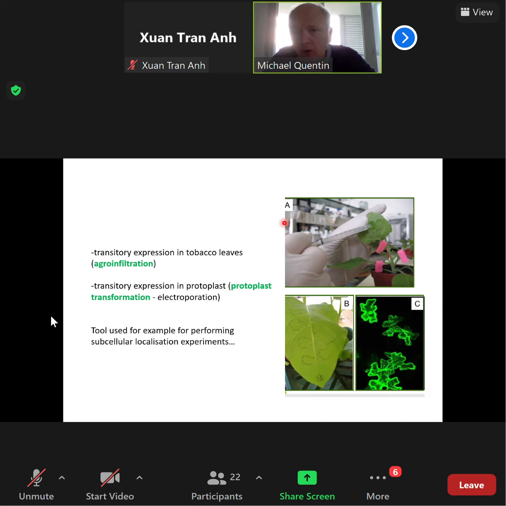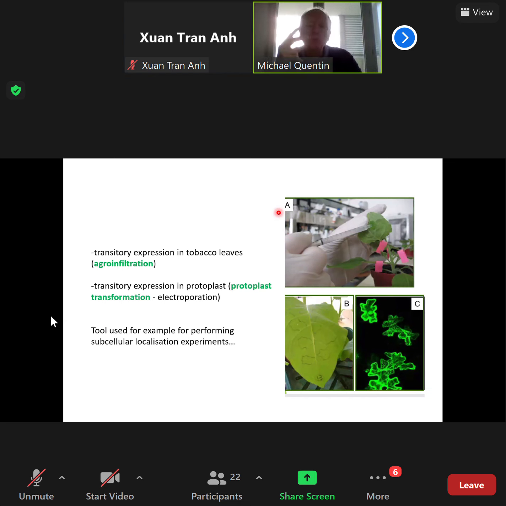It's not meant to produce, I would say, transgenic crops. It's more a tool that will be used in laboratories to do functional genomics. You may use Agrobacterium tumefaciens to transiently express a plant gene in some plant cells.